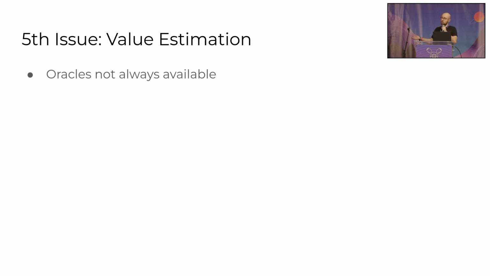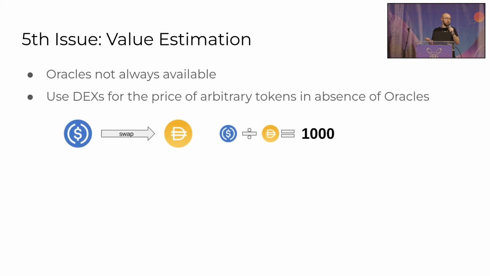For well-established tokens, things are easy because we have oracles available. So there is not so much room for manipulation. However, what if we want to hold arbitrary tokens? Many people have tried to rely on DEXs, but DEXs, decentralized exchanges, are also easy to manipulate. So for example, back to the example of USDC and DAI, we might manipulate the pool in such a way, for example, with a flash loan, so that USDC and DAI are not worth the same.